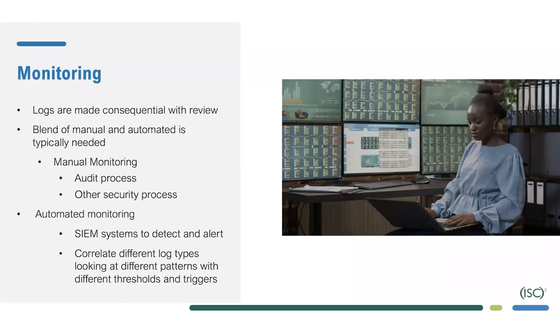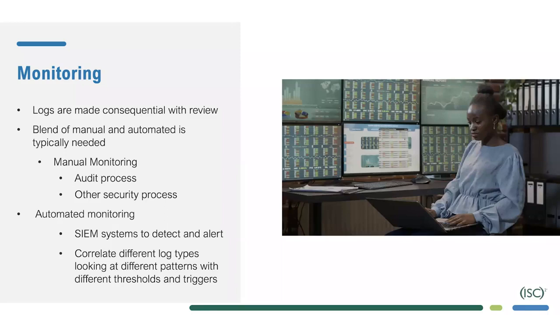And a good approach to reviewing our logs is a blend of manual and automated processes. One of the problems we have now isn't that we don't have enough logs available to support our investigations, it's that we have too many. And it's trying to understand which logs we need, and also the ability to check those logs effectively.